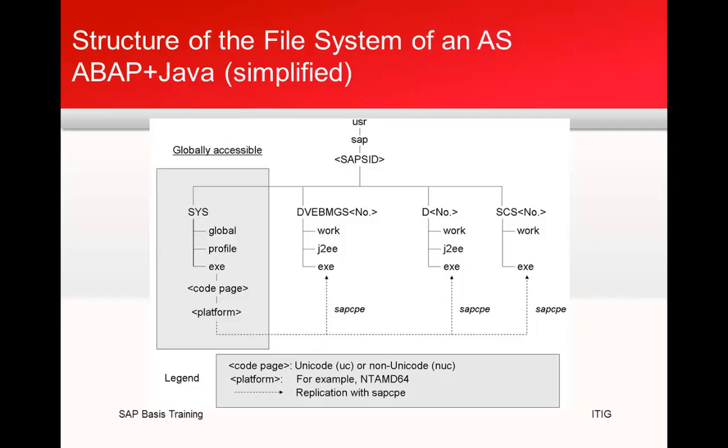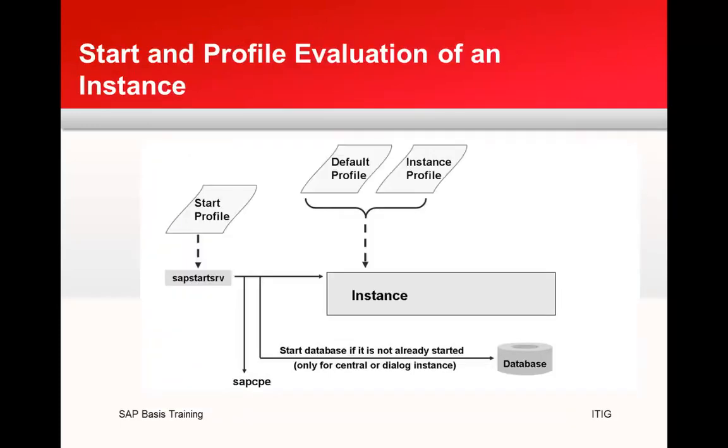Here D stands for dialog, V is update, E is enqueue, B is batch, M is messaging, G is gateway, S is spool. So this is the directory structure that we'll see, basically for the ABAP and Java system.